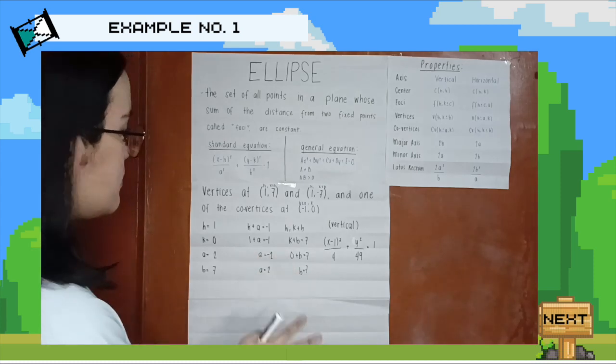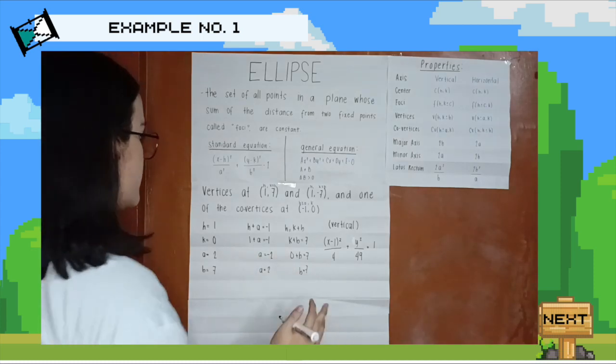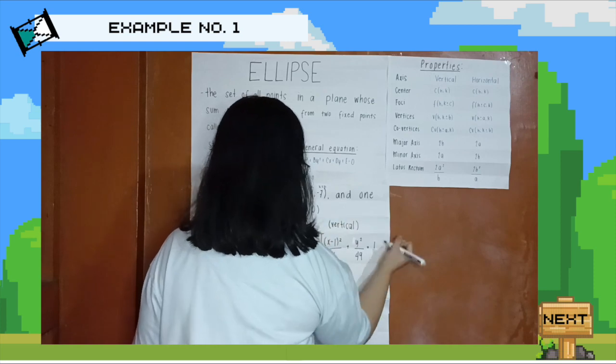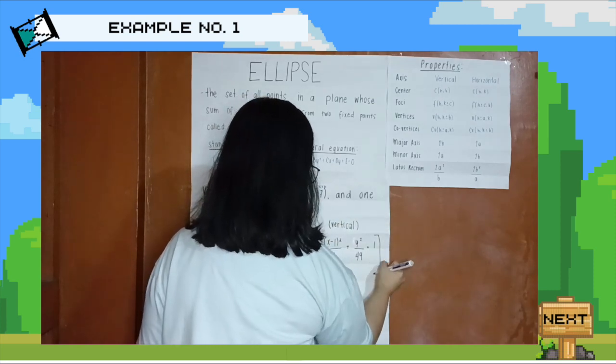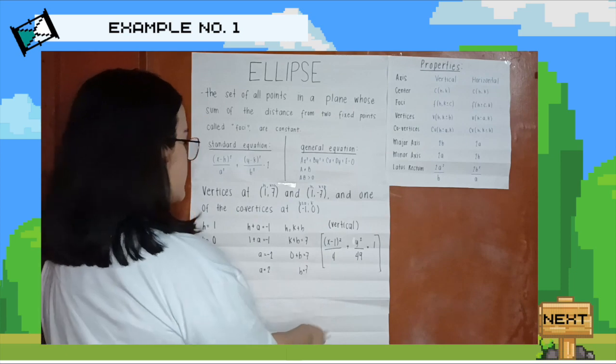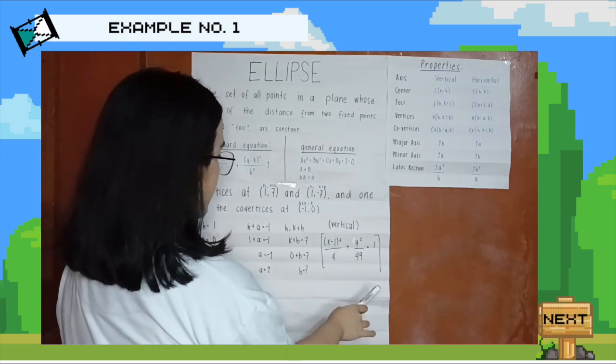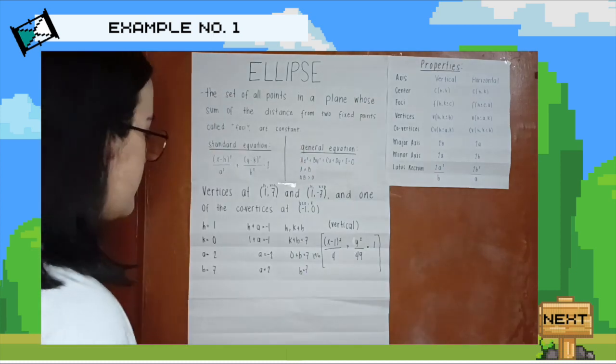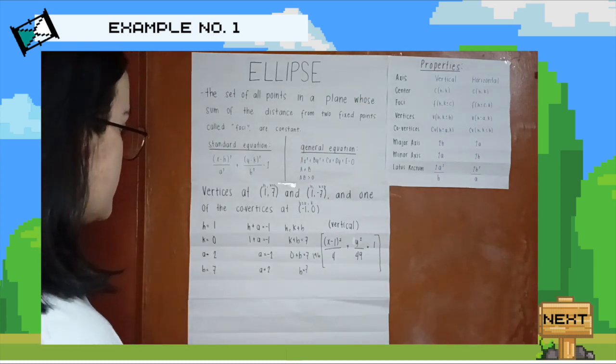And after that, we need to get the LCD. So the LCD of 4 and 49 is 196. And after that, we need to multiply both sides.